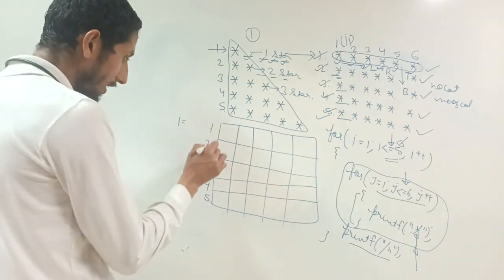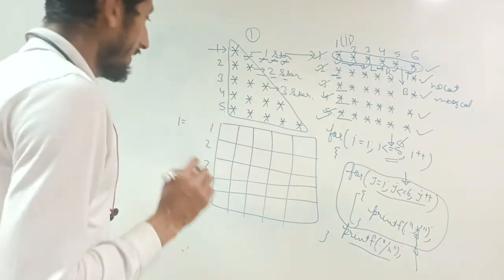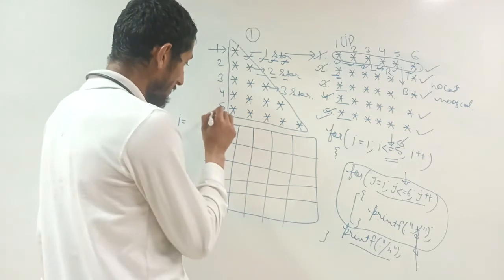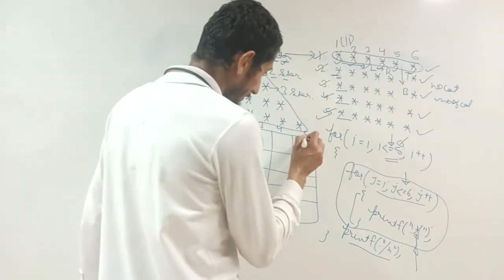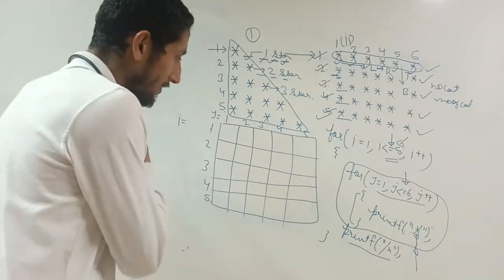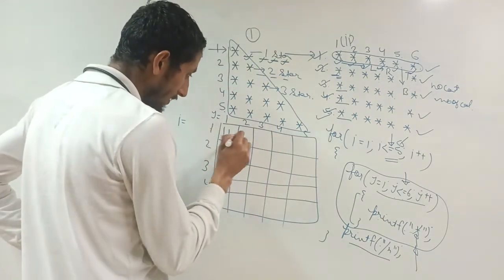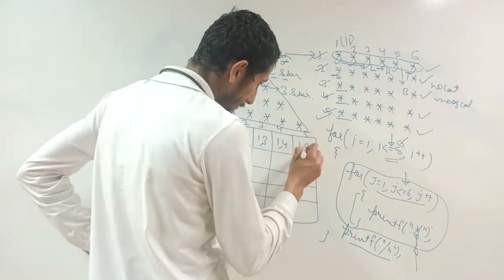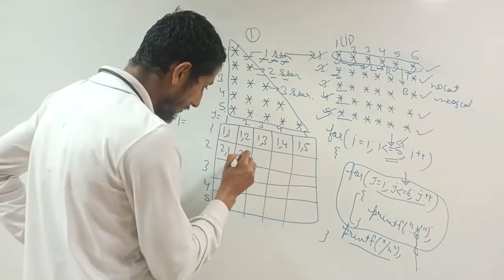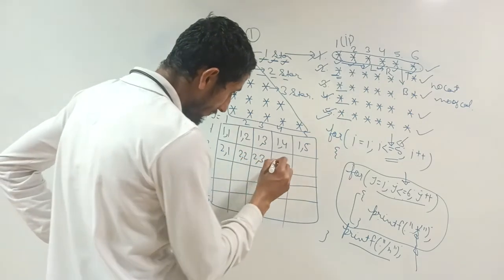There are only 5 rows, and the column j is 1, 2, 3, 4, 5. And let me write the indexes: 1,1, 1,2, 1,3, 1,4 and 1,5. So you have to fill the full grid.